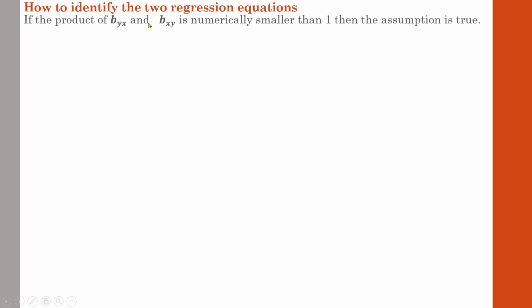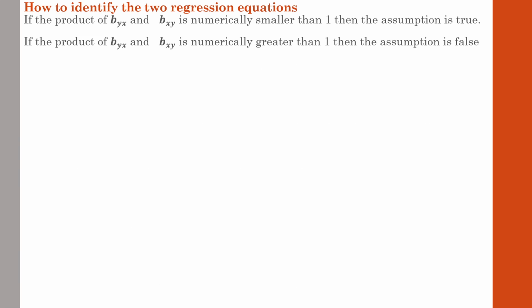If you multiply these two values which you have assumed and you get a value smaller than 1, then your assumption was right. Assumption means the first equation was y on x and the second equation was x on y. Unfortunately, in some situations you may get a value greater than 1. In that situation, your assumption will be false.